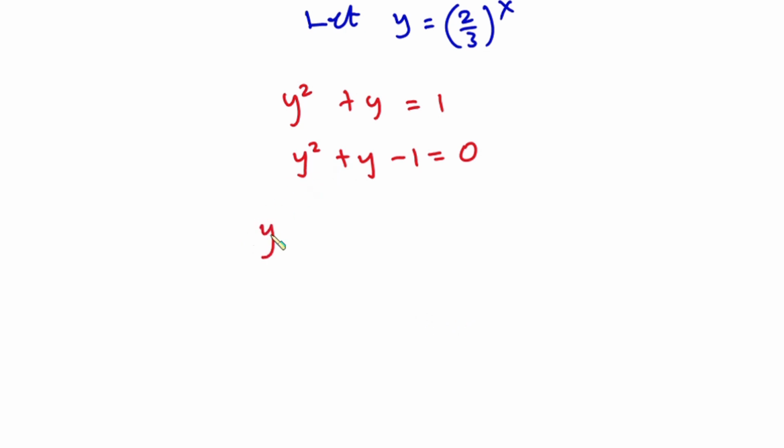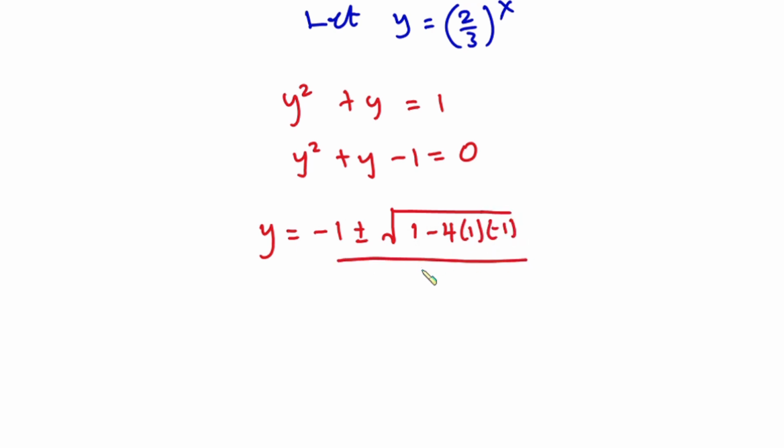So we have y is equal to negative 1 plus or minus square root of 1 minus 4ac. We have a to be 1, then c to be negative 1, all divided by 2a. A is 1, so we're going to have here to be 2.